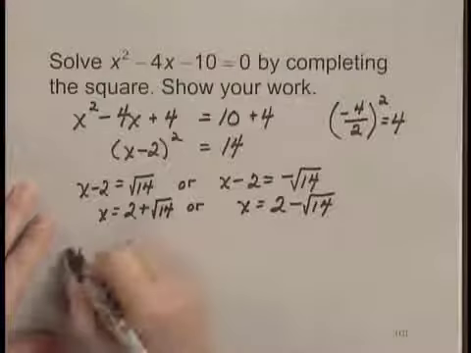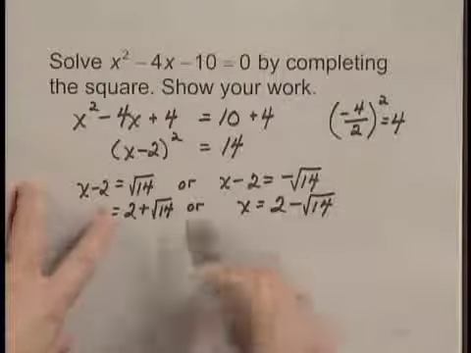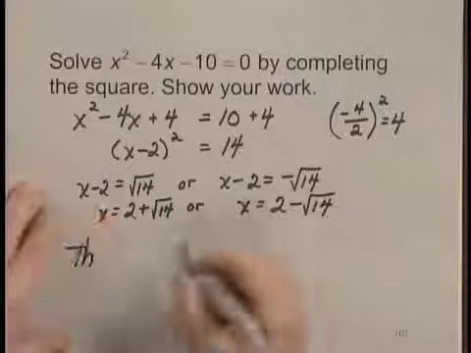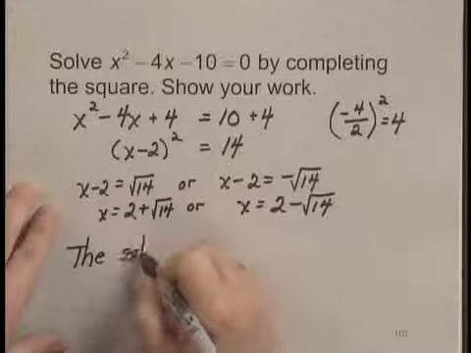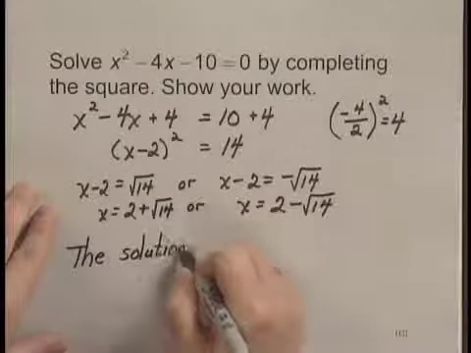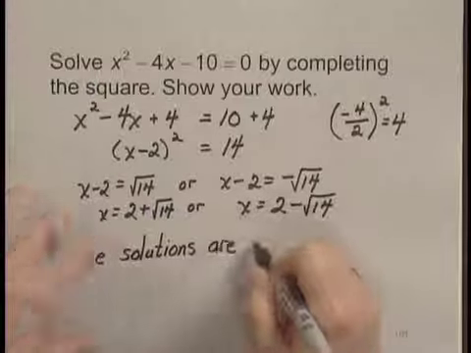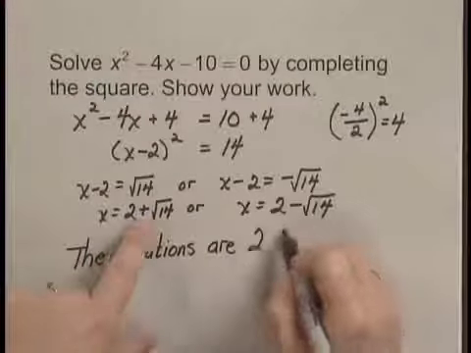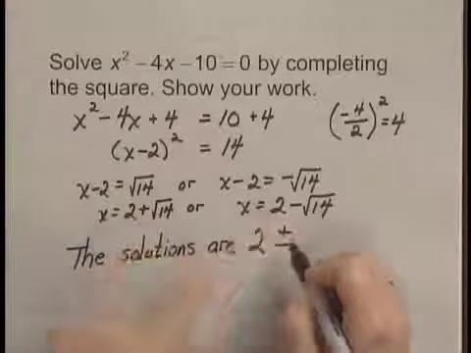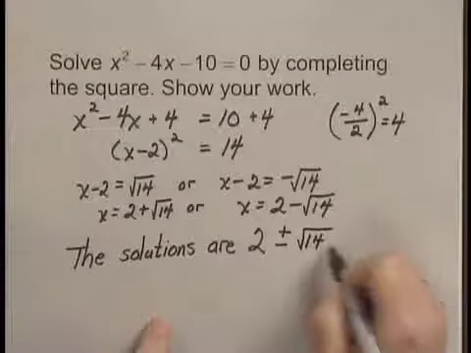And when I write the solutions, I can combine these two answers by using a plus or minus sign. I can say the solutions are 2 plus or minus the square root of 14.